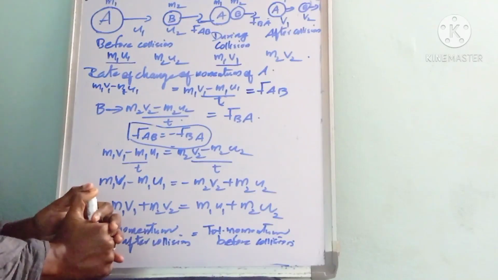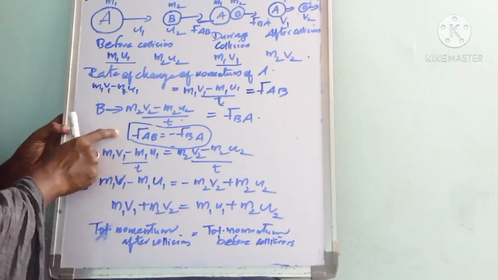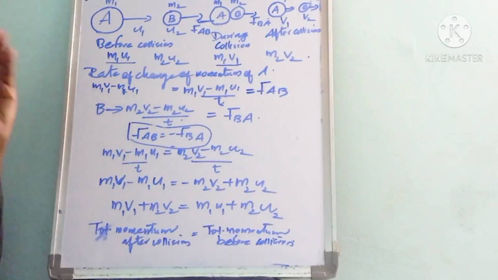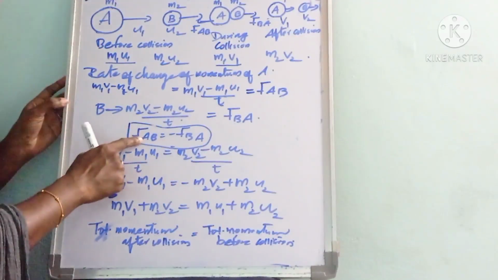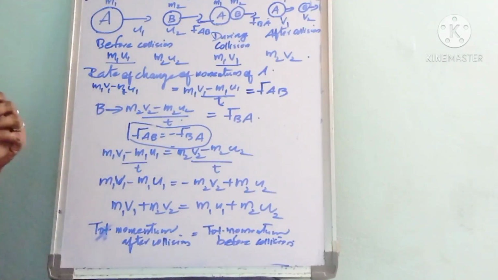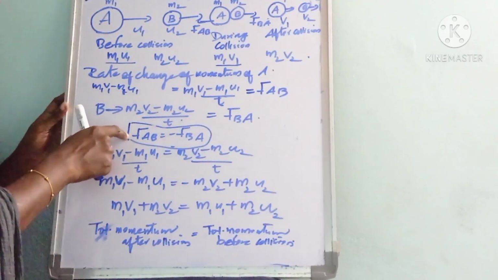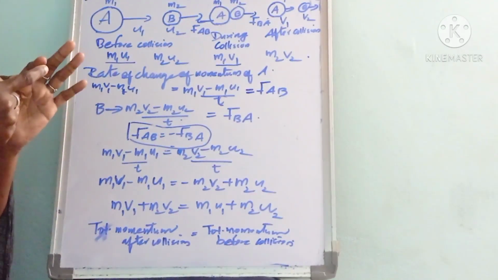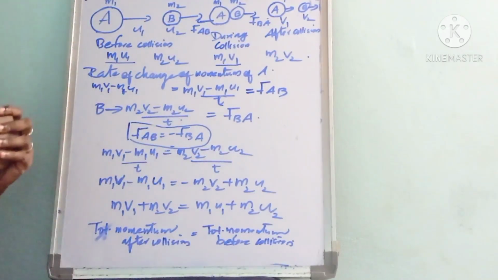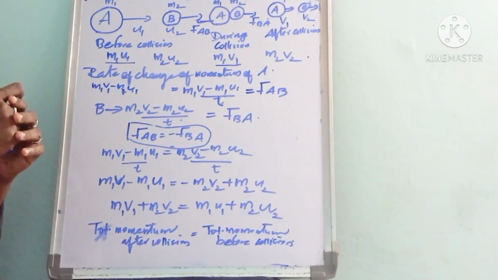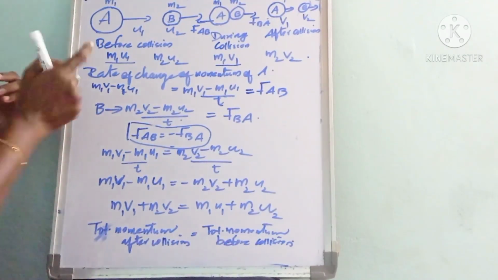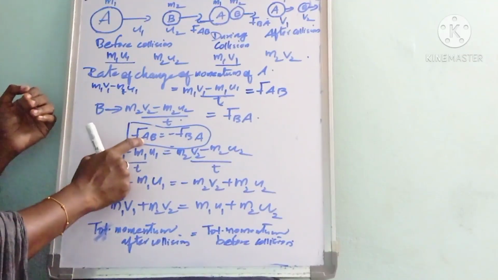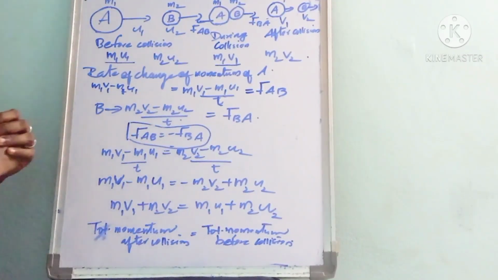Then by Newton's third law, what is Newton's third law? To every action there is an equal and opposite reaction. So FAB is equal to minus FBA. That is, the force on object A is equal and opposite to the force on object B. So we can write FAB is equal to minus FBA.